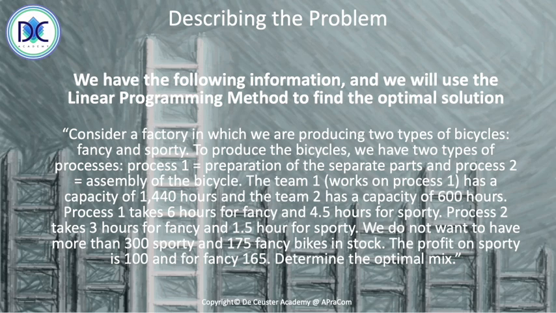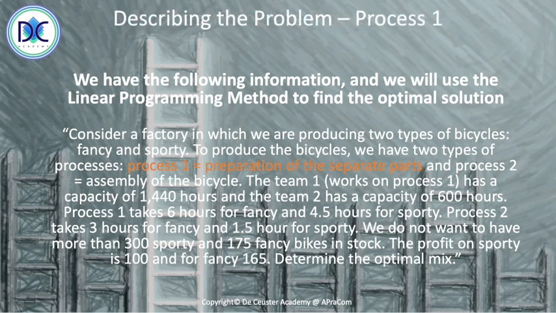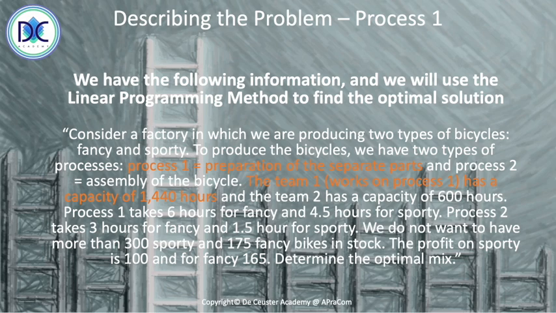So we're going to look at those two processes separately. Let's have a look at process 1. Here we see process 1 is the preparation of the separate parts. We know that team 1 has a capacity of 1,440 hours, which means that all the work they're working on the two bicycles, fancy and sporty, cannot exceed 1,440 hours.